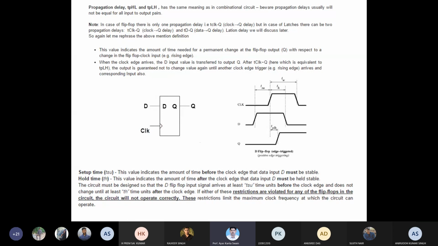As this is a positive edge triggered clock, the TPLH, the propagation delay where the output value changes from low to high, is measured with respect to 50% of the clock and 50% of the output. In combinational design, it is 50% between input and output. That is the basic difference between the propagation delay of combinational and sequential design.